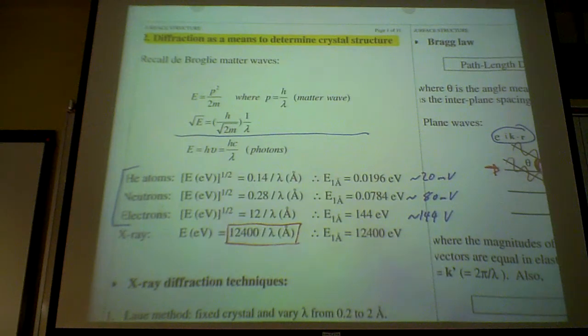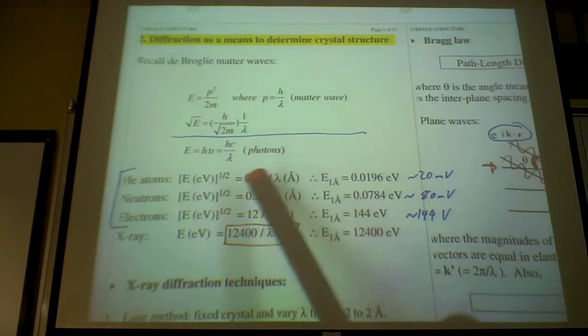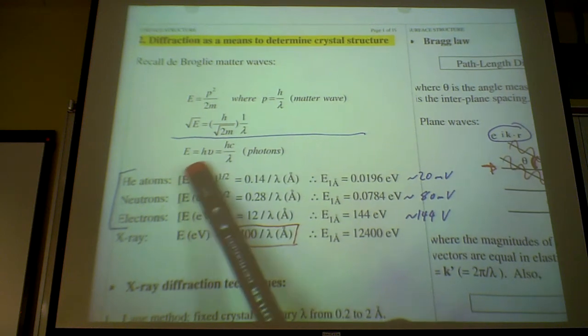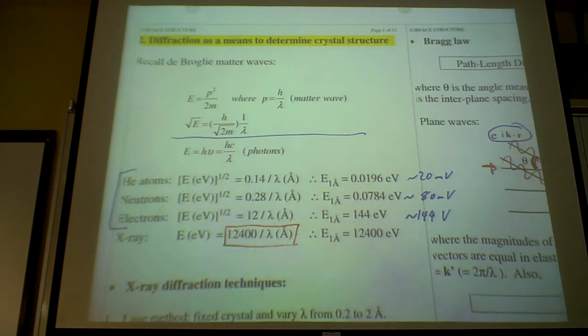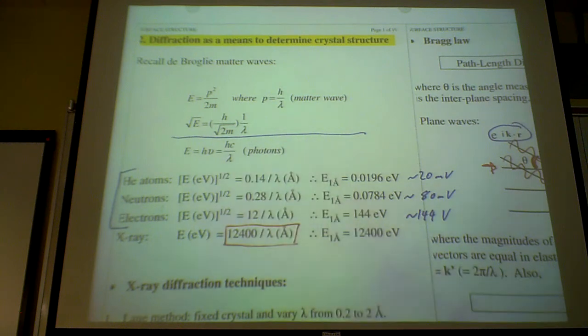So photon, for example. A photon energy is written as Planck constant times the frequency, right? And of course the frequency is just speed of light divided by the wavelength of the light. So this is easy to understand. So we have also diffraction phenomena from light scattering.